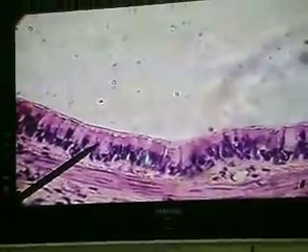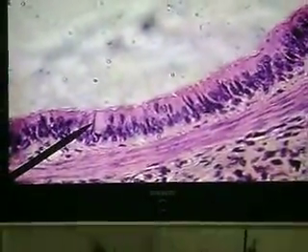Okay. So there you can see, I just want to underline once again the diagnostic importance of looking carefully at the epithelium for goblet cells. As I look at this, I see more and more goblet cells. There's another goblet cell right there.